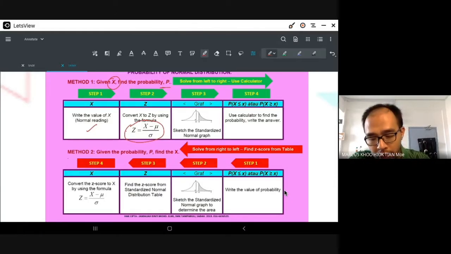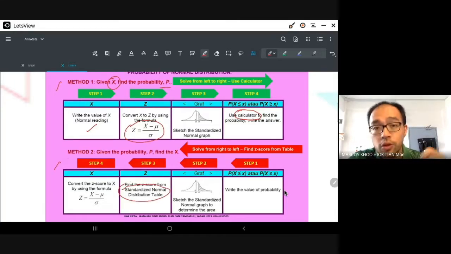And then, okay, this one, I don't want you to write using the calculator. I want you to use the standard normal distribution table, because whether you're using method 1 or method 2, you will need to use the standard normal distribution table. If you insist on using the calculator, let me tell you that the calculator can only do method 1. The calculator cannot do method 2.